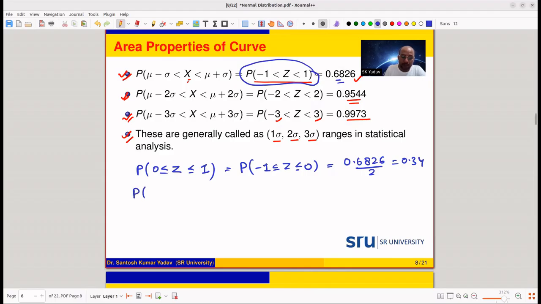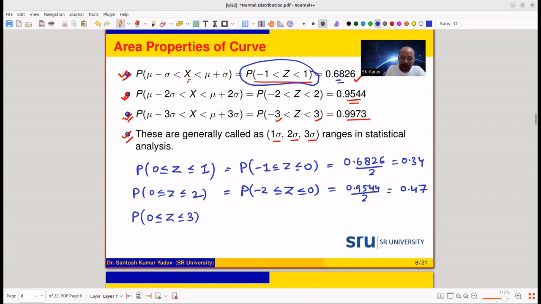And similarly, P of 0 less than z less than or equal to 2, which is equal to P of -2 less than z less than or equal to 0, is 0.9544 divided by 2, which is around 0.47. And for the half of the third sigma range, 0 less than z less than or equal to 3, this is equal to P of -3 up to 0, and this is 0.9972 divided by 2.